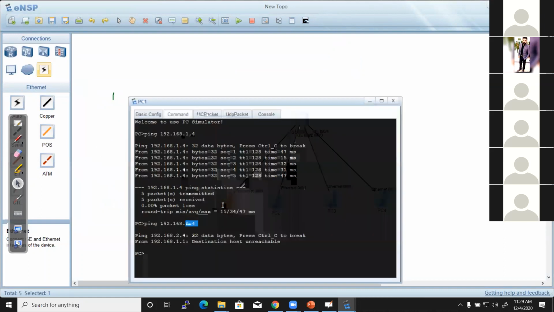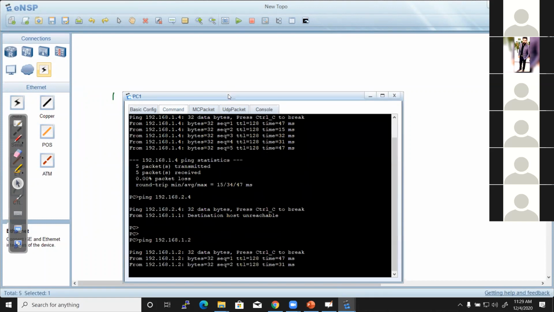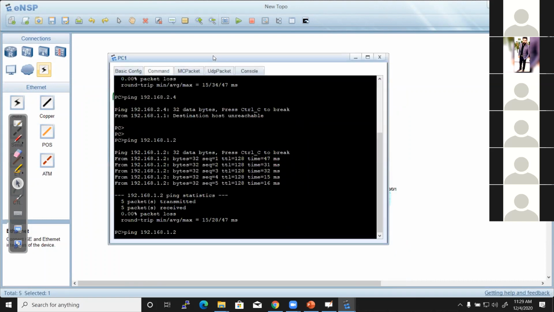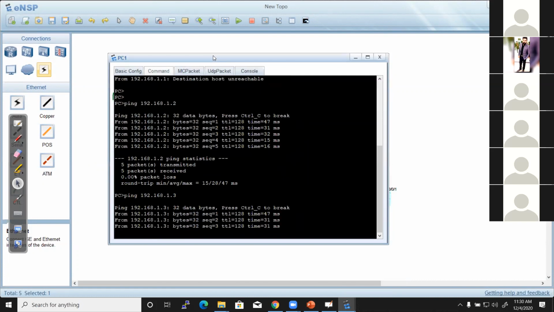So now I'm able to communicate with all the PCs. For example, I'm trying to ping 1.2. You can see I can communicate with PC2. If I try to ping PC3, you can see I can communicate with PC3 as well.